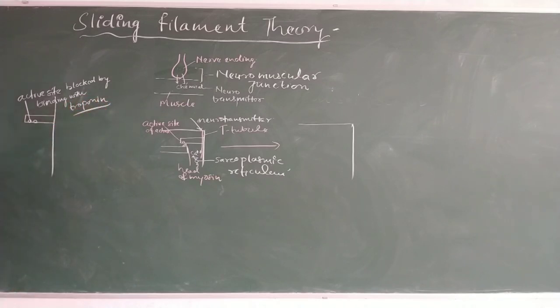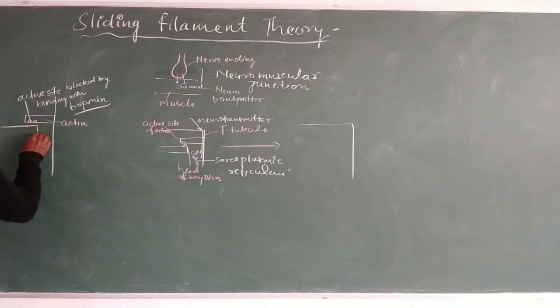Troponin is a special protein which blocks the active site of the actin protein. So this is the actin filament, and its active site is blocked by troponin.